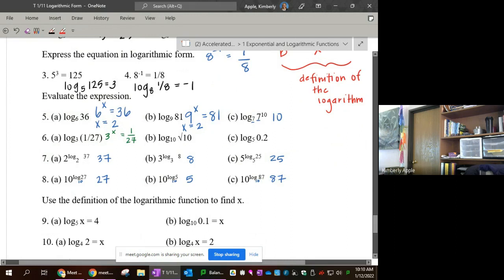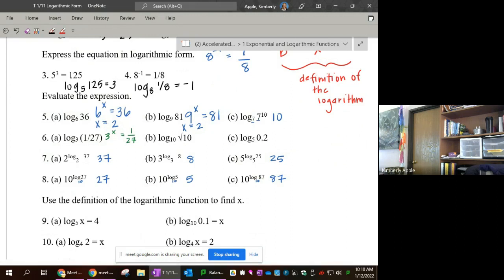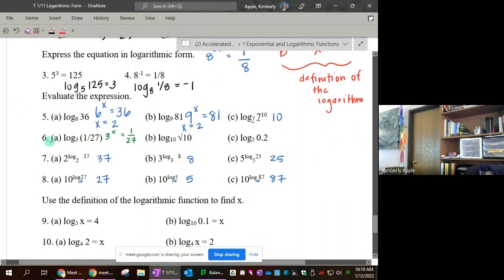Right, 3 to the third power will give me 27. So if I want that 27 to go down to the denominator, I can just make that 3 negative. Because let's watch this. 3 to the 3 is 27. And so 3 to the negative 3 would be 1 over 27.